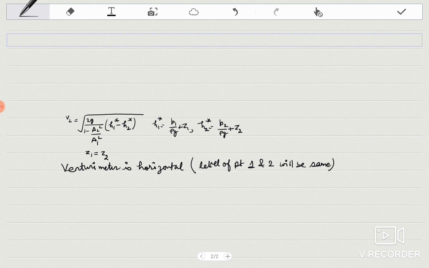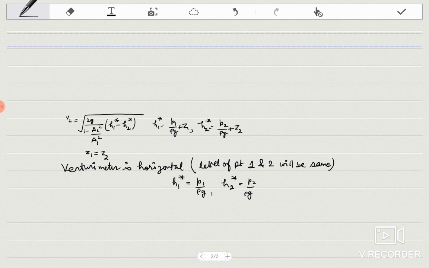So in that case H1 star will be P1 by rho g, and H2 star will be P2 by rho g. We will take this case later.